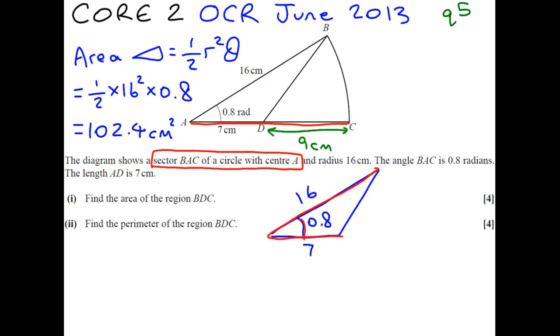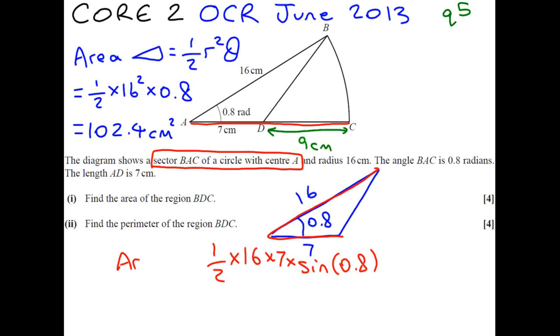If you have this length, and the angle between, that gives a triangle, and you can find the area of the triangle by doing a half ab sine C. So we're just going to do a half times one length times the other length times sine of the angle. You need to make sure that your calculator is in radians, because we are going to be doing sine of 0.8.